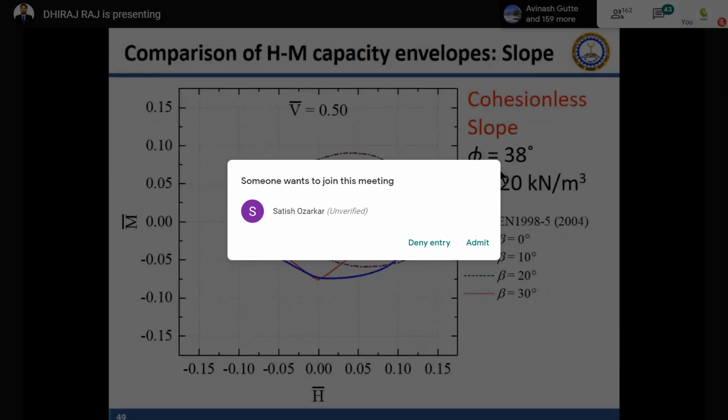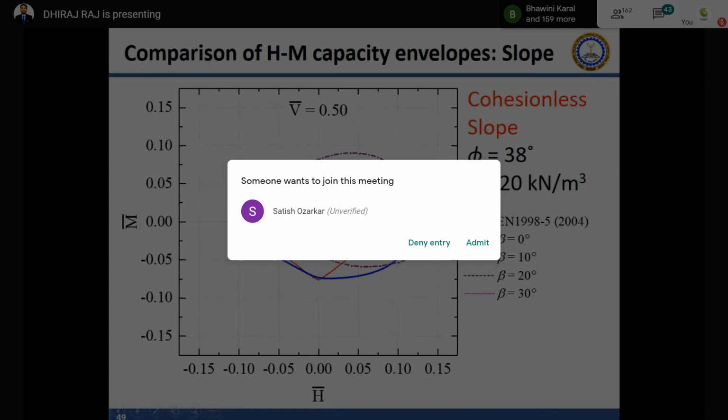You can see here for a cohesionless slope, where phi is 30 degrees and beta is the slope angle. If you increase the slope angle, the foundation envelope gets smaller and smaller. You can see this blue line is for the study, our method, and this red line is for Eurocode at pure vertical load and moment.